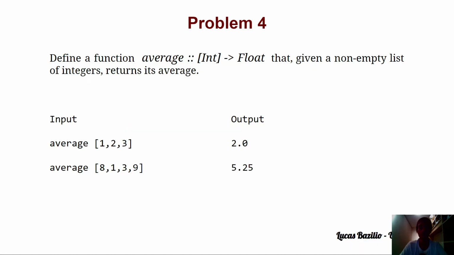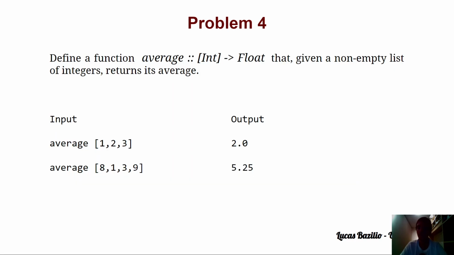So we apply average to 1, 2, and 3. This shall return 2. If we press the enter button, we get the expected result 2. Now let's check the second example, with the elements 8, 1, 3, and 9. We apply the average function to the numbers 8, 1, 3, and 9, and this shall return 5.25.